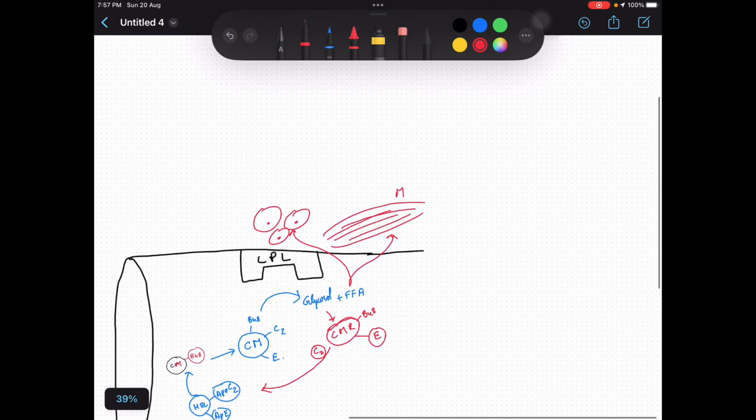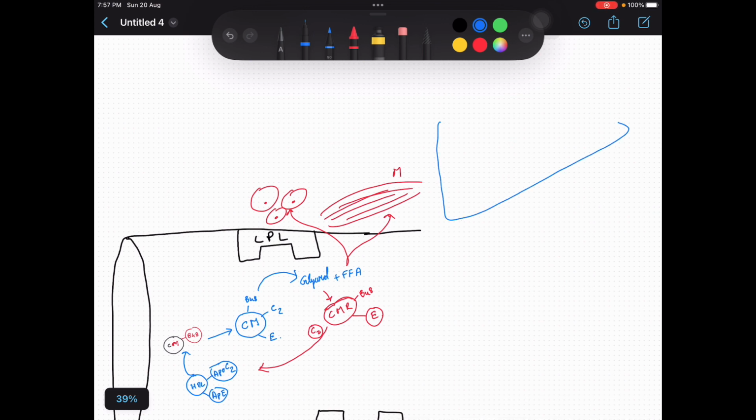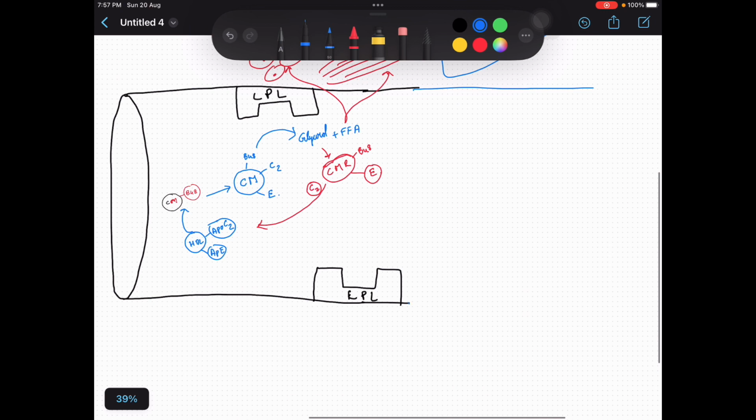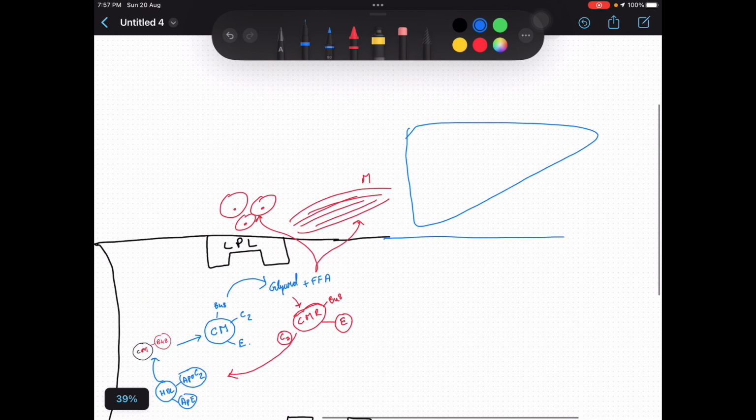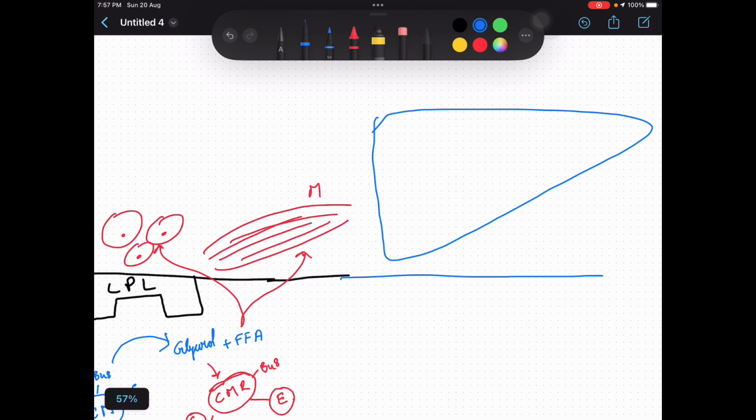Now let's take the liver. Inside the liver there is synthesis of VLDL.